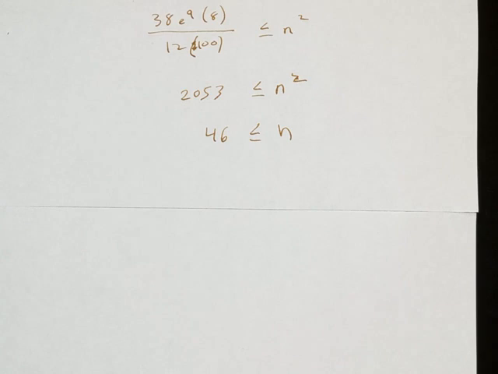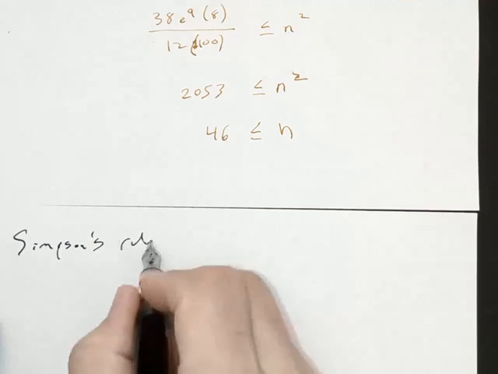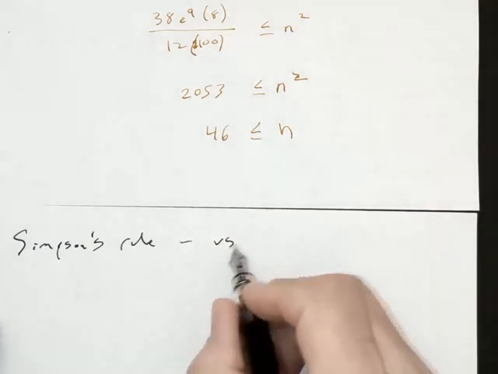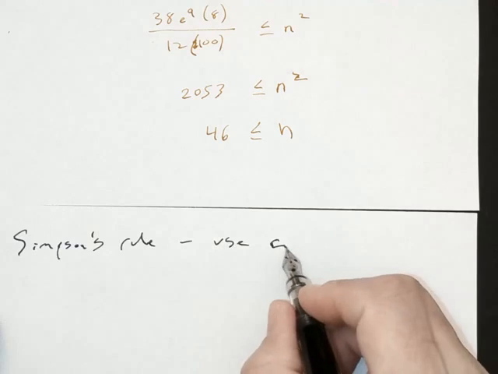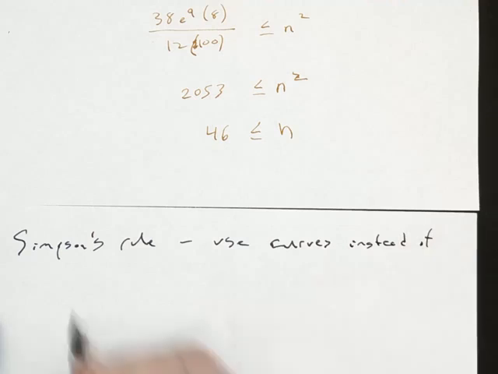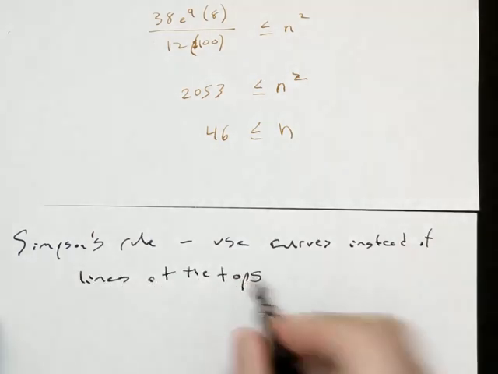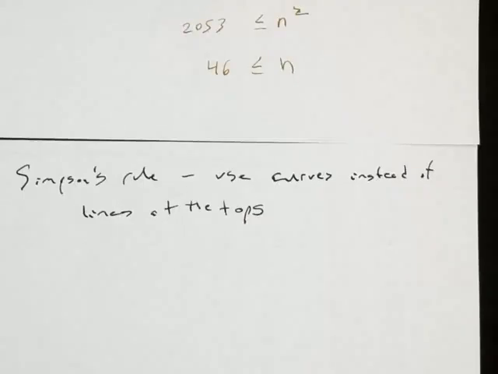And a mathematician by the name of Simpson said, let's use curves at the top. Well, in that case, I end up hitting some of my points twice and some of my points 4 times.